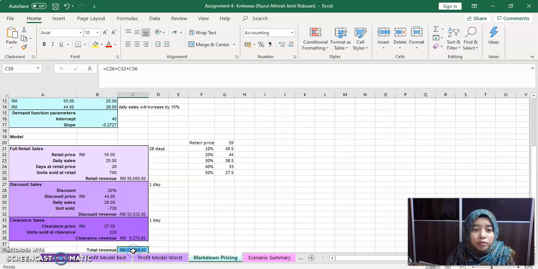So the total revenue from the retail revenue, discount revenue, and clearance revenue is 12,728. As I said, I'm not satisfied with my 20% discount, so I decided to make a scenario summary.